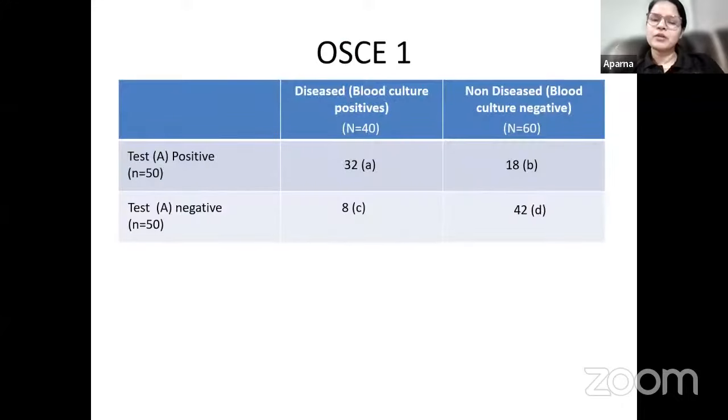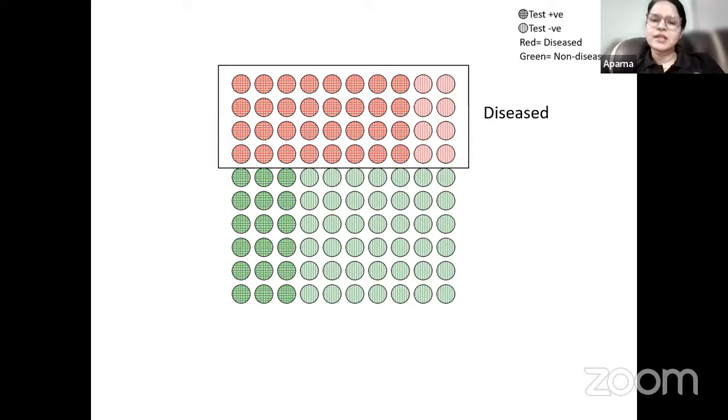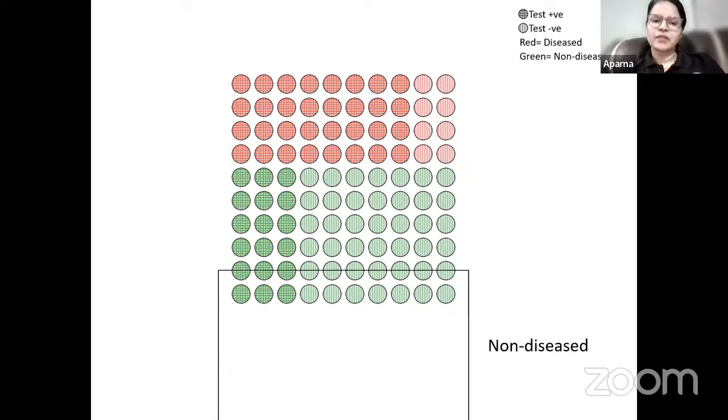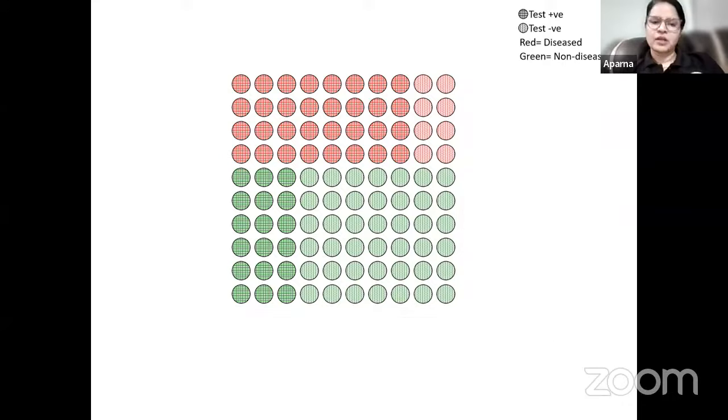And we can remember these values for the various formulae. So let us first come to the concept of sensitivity. So what does sensitivity mean? Let us now imagine that we have a total of 40 diseased babies, that is 40 truly septic babies, and we have 60 babies who are non-septic, that is non-diseased. Now, unfortunately, the test that we are using is not going to perfectly detect all the babies with disease.